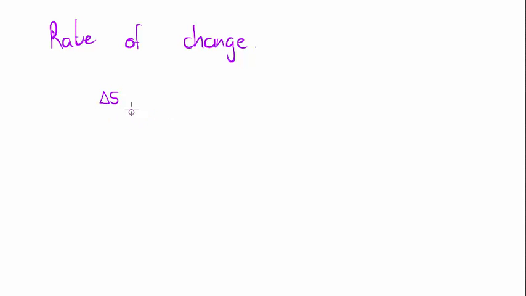So let's use S is displacement. Let's just call it S(t). I'm using S(t) in the same way as I would f(x). So this is not S times t. I'm saying S(t) is a distance with respect to time. It's a function of time. The more time elapsed, the further I'm going to go.